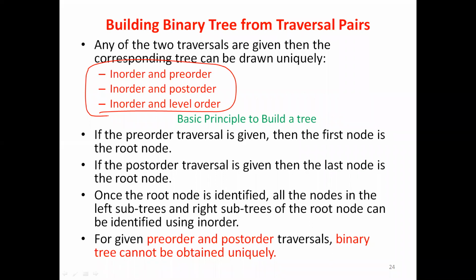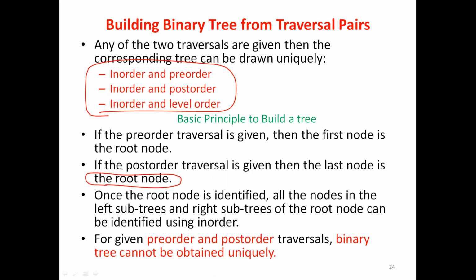In pre-order, first we always represent the root node. Keep in mind the root node of a tree, and for post-order, the last node will be the root node. With this kind of clue, we are going to build the tree.